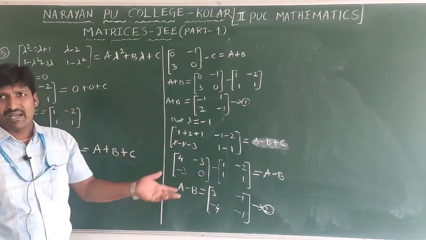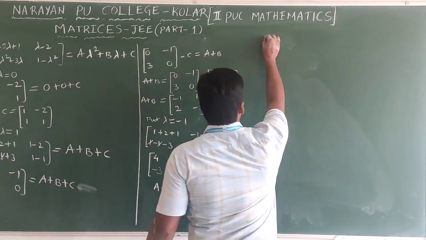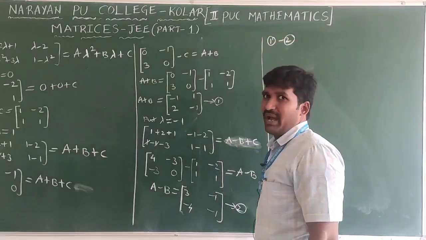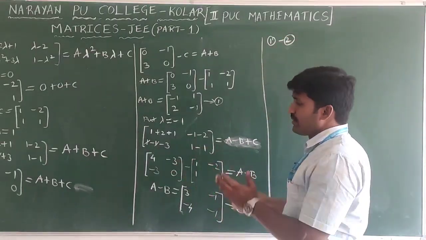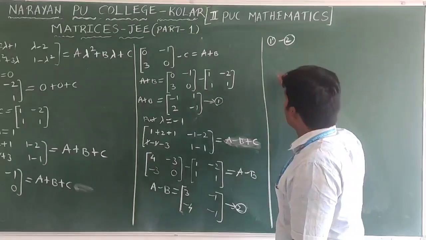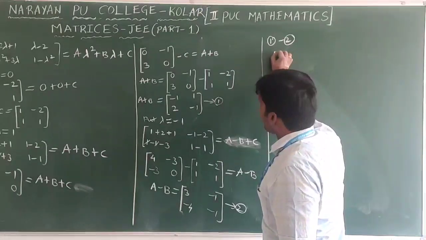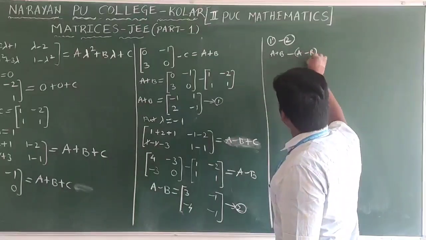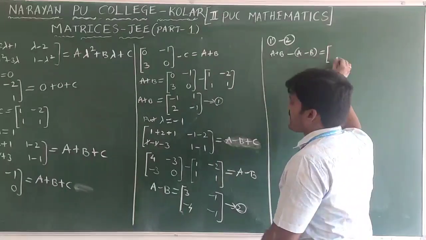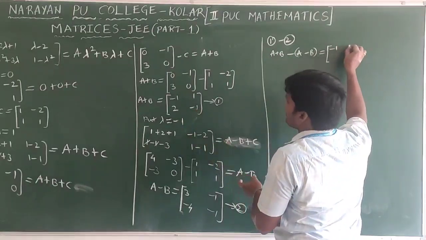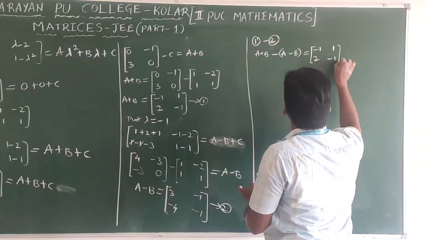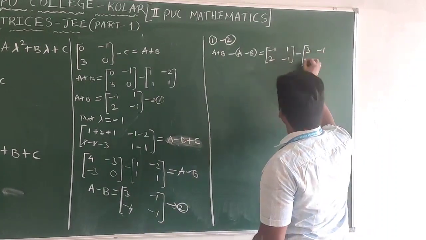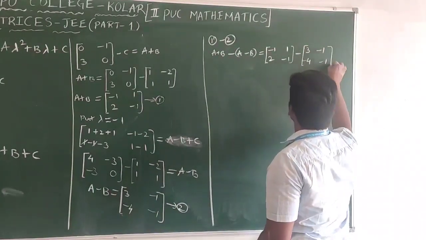Here we don't want the A matrix. We need only the B matrix. That's why I will subtract 1 and 2. By adding you will get the A matrix, but A is not required because they are asking for the B plus C matrix. Subtracting: A plus B minus A minus B. A plus B matrix is [minus 1, 1; 2, minus 1] minus A minus B matrix [3, minus 1; minus 4, minus 1].